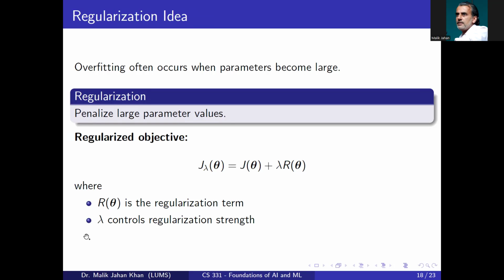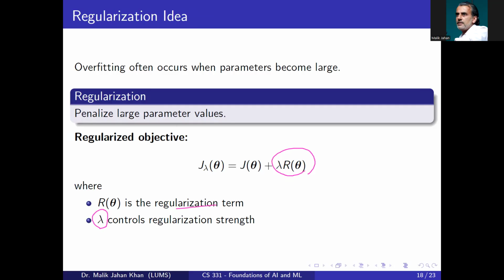And when we say penalize, that means that in our loss function, we introduce a regularization term. So R theta is the regularization term, and its strength is controlled by lambda. So lambda is called the control parameter for the regularization term.